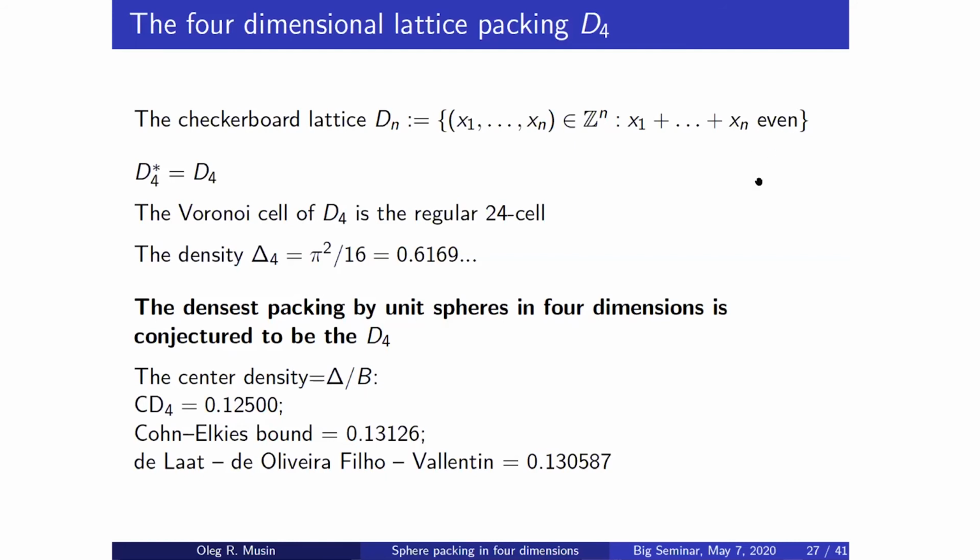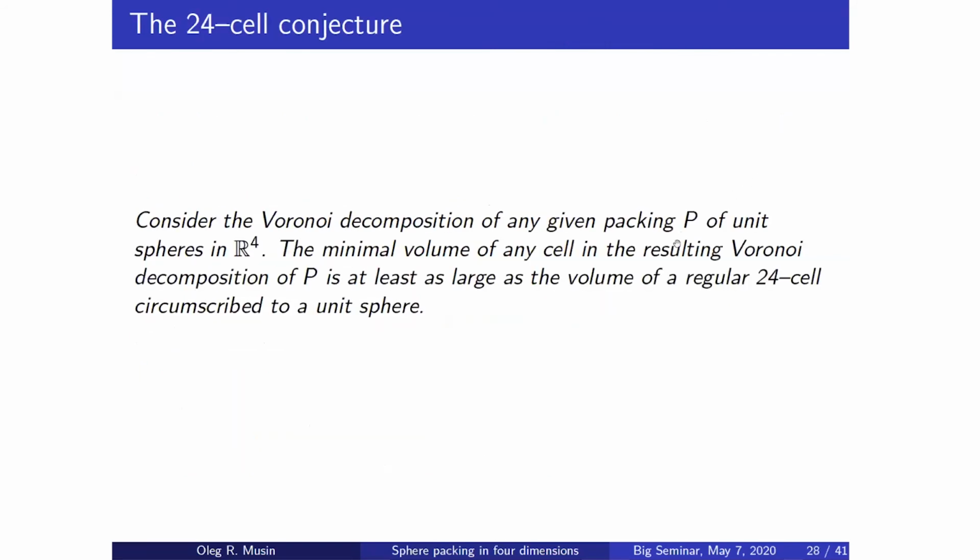What we know about D4 is that the dual is also D4. And by the way, the 24-cell is self-dual, because the dual polytope for D4, for the 24-cell, is also the 24-cell. Exactly.